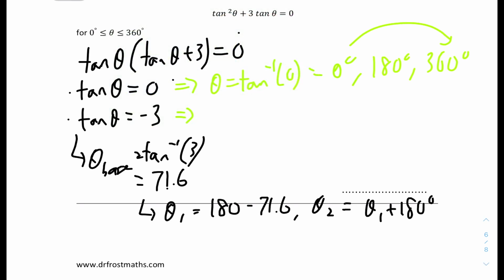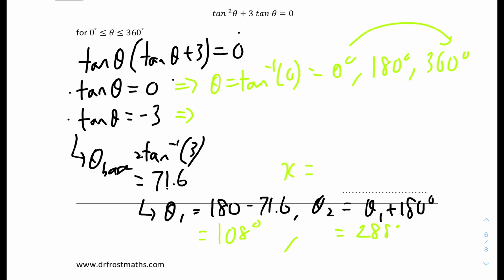This works out to be 180 degrees minus 71.6, which is 108 degrees, and then the second one will be 108 degrees plus 180 degrees, which is 288 degrees. So these are the 5 solutions.